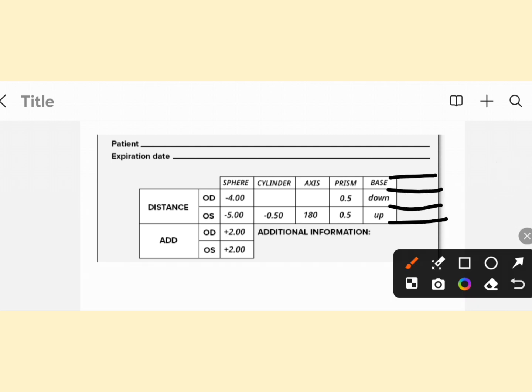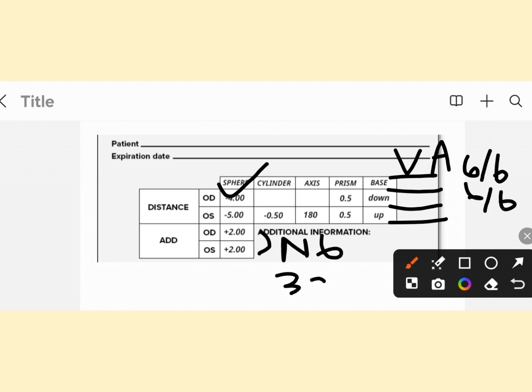So that is visual acuity. Suppose with this power you got visual acuity of 6/6 in the right eye, 6/6 in the left eye, and with this power you got N6 at 30 centimeters.